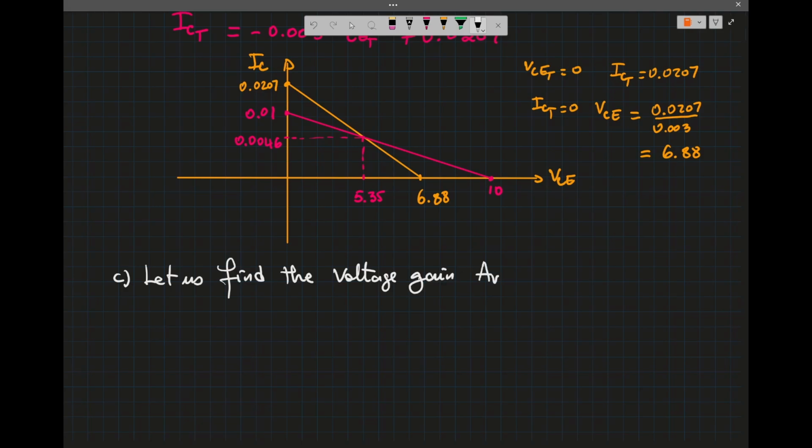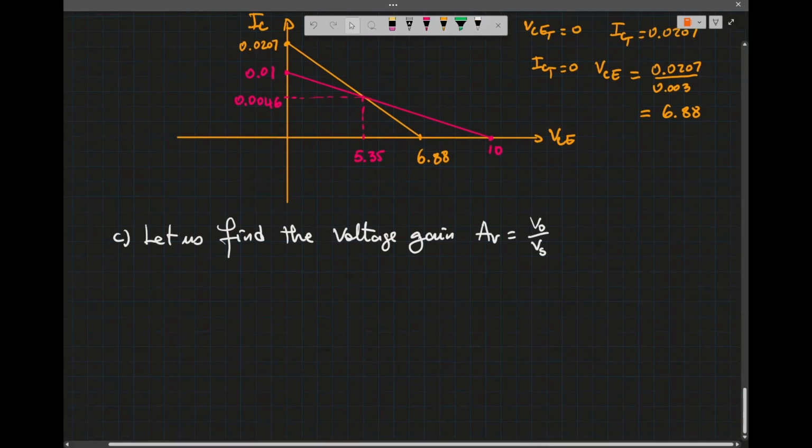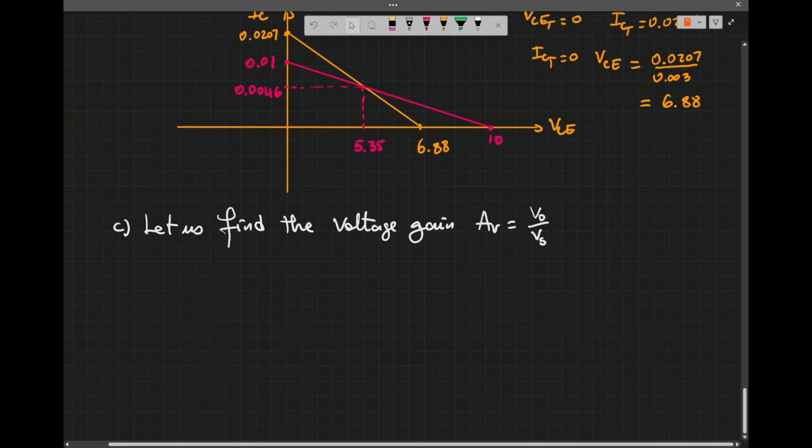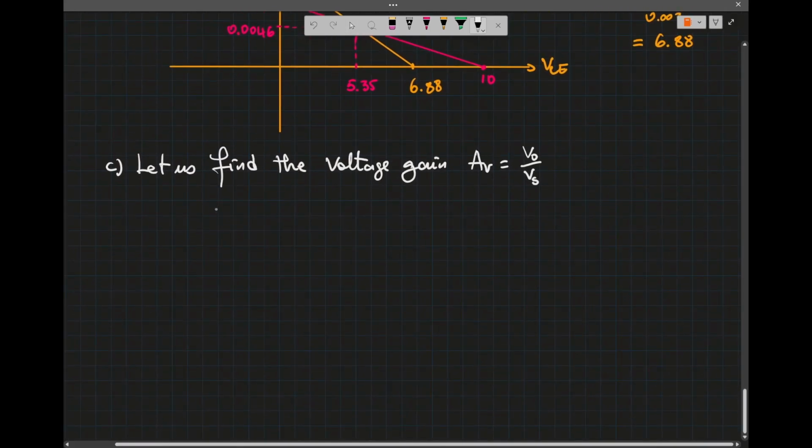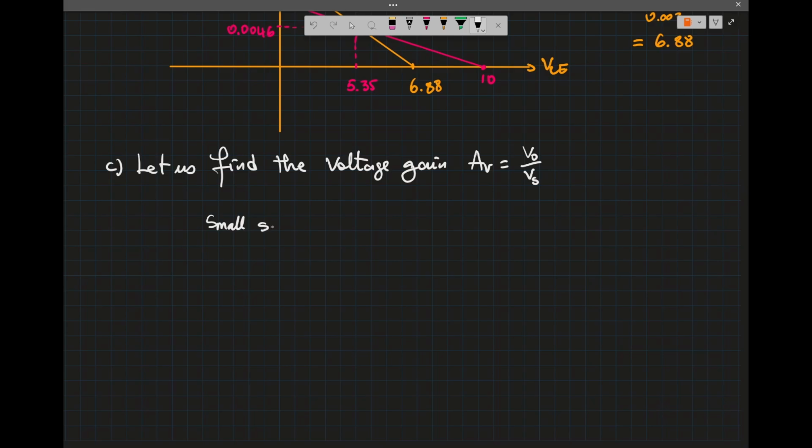So AV, which is V0 over Vs. To find the voltage gain, we are going to draw the small signal model, so the equivalent circuit.